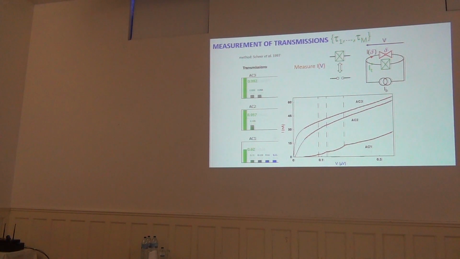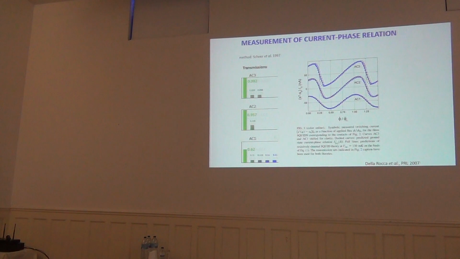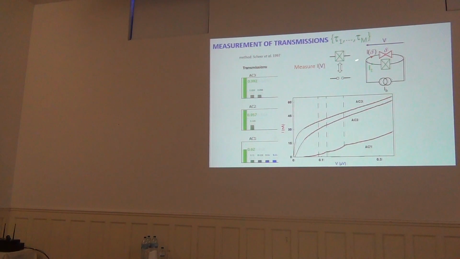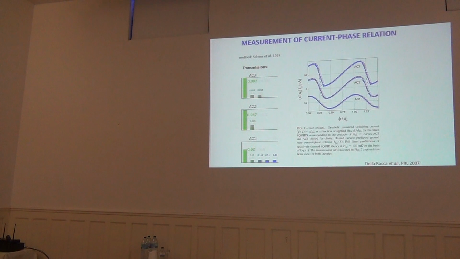Then what we can do is go to zero voltage. In this case, the SQUID is a completely closed loop, and we can measure the current phase relation. What we measure is the critical current as a function of the phase.